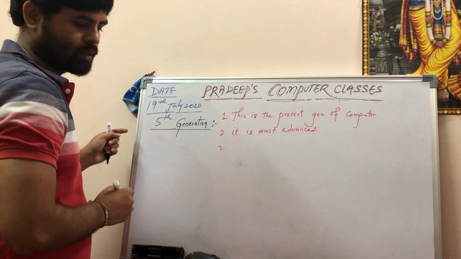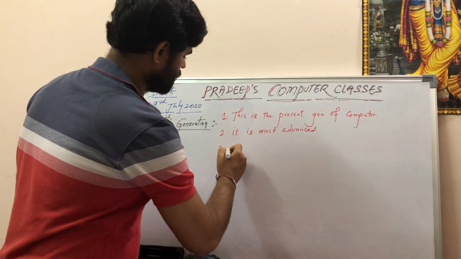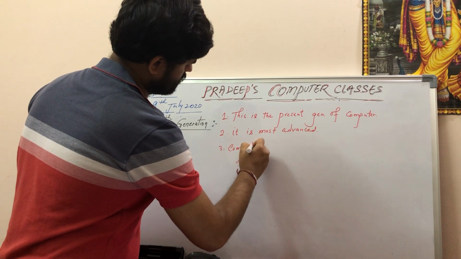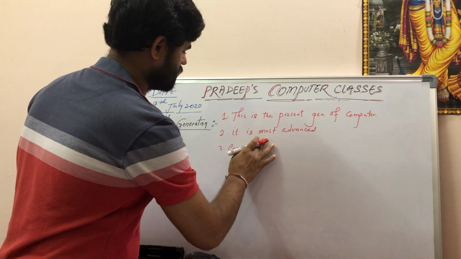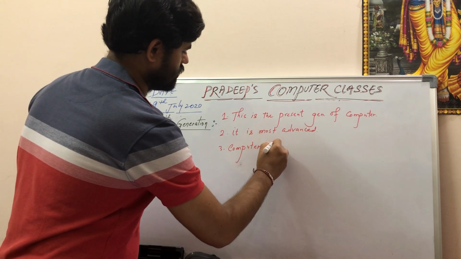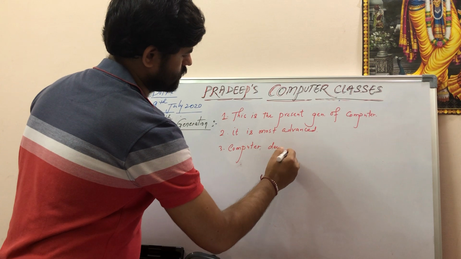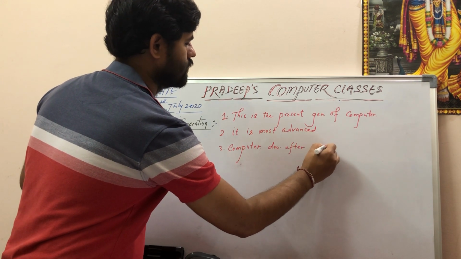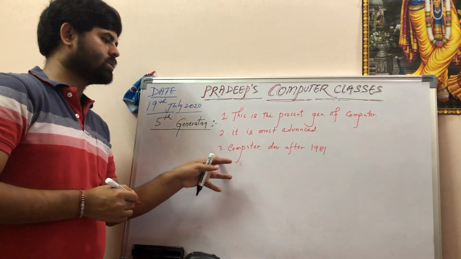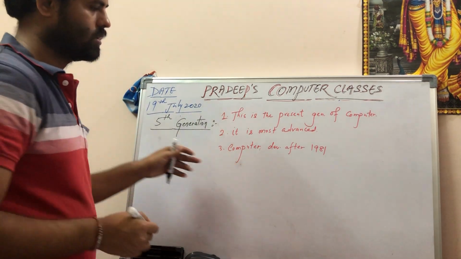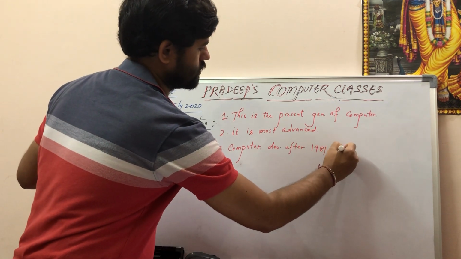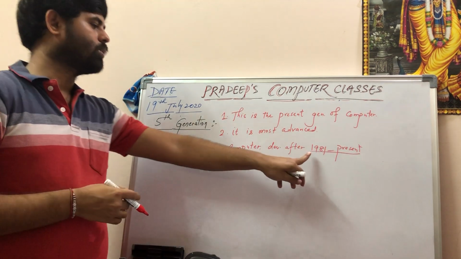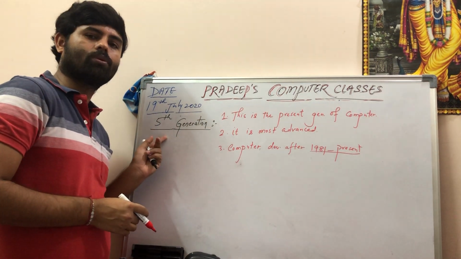Third point, it started, means computers developed after 1981. Okay, so computers developed after 1981 and even in the present, from 1981 till now, whatever computer is getting generated is a 5th generation of computer. Okay.